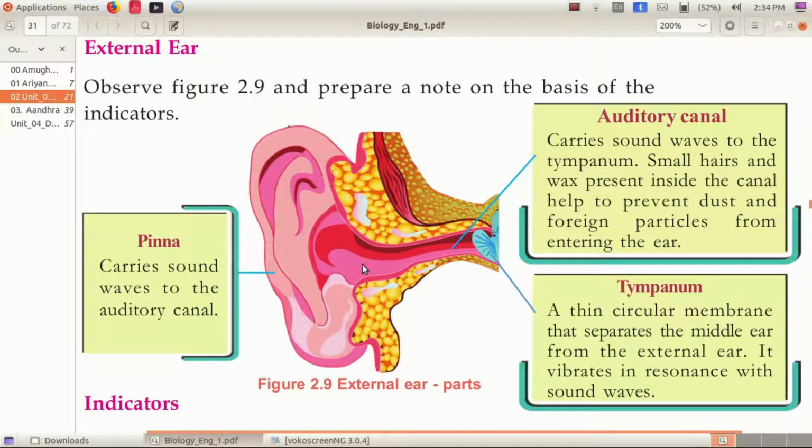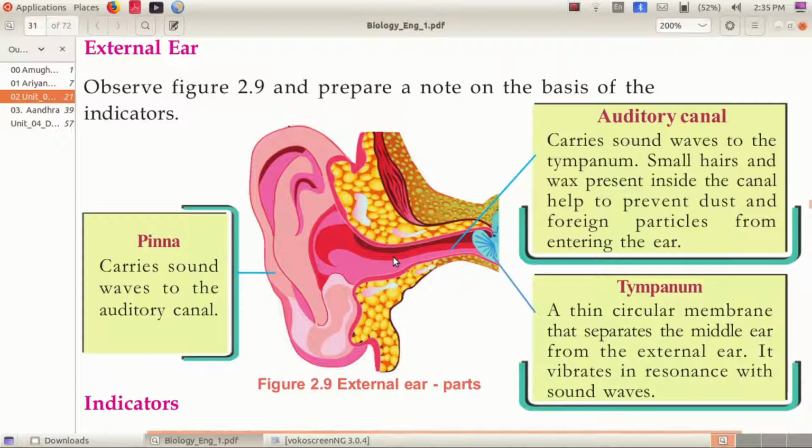Yes, small hairs and wax present inside this canal help to prevent dust and foreign particles. Like in tears, a lysozyme, an enzyme, is present in our tear and that will destroy the germs. Like that, the same effect is also here. Earwax destroys small germs also.